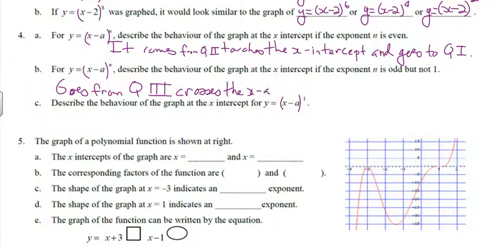It's continuous. But what's the difference between odd and not 1, and odd and 1? One is linear, so it just crosses through in a straight line. This one is not a straight line; it actually changes direction. So we're going to put a fancy name on that: crosses the x-axis with a change in concavity.